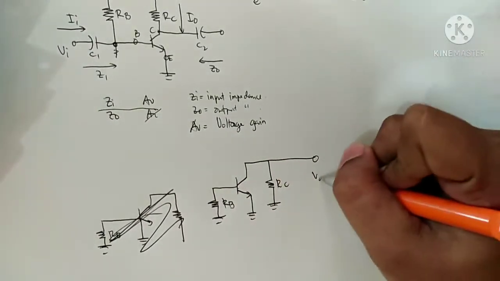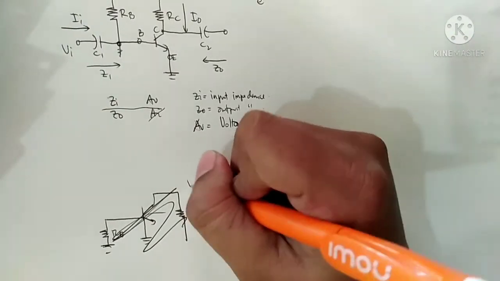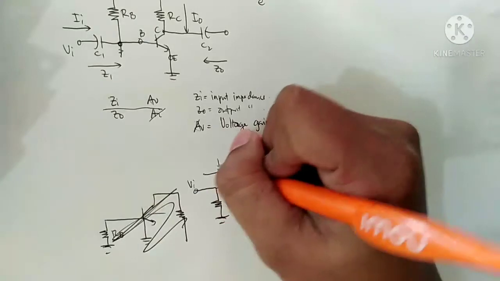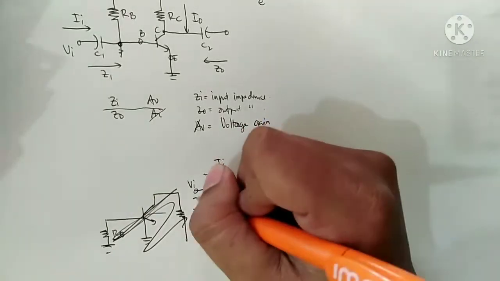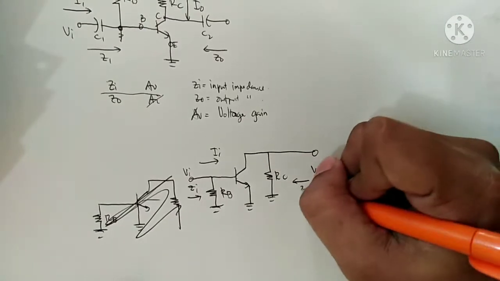This will now be your input, and this is your input impedance Zi. Then the output impedance Zo.